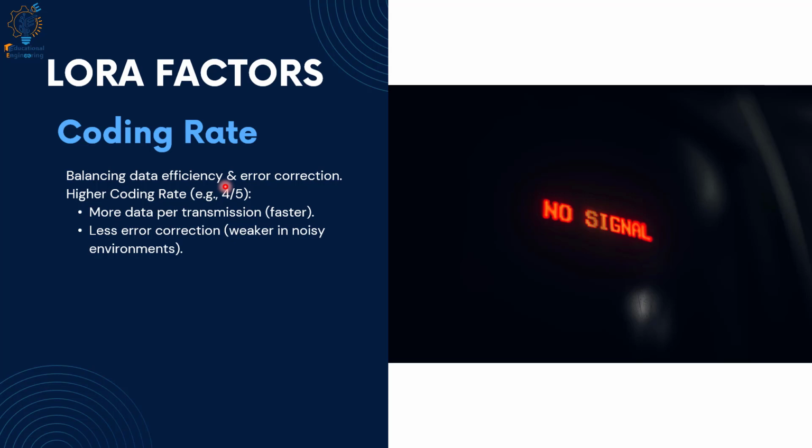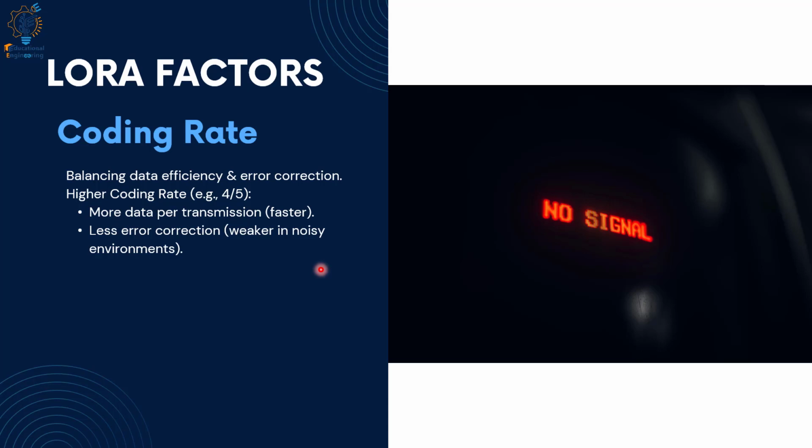For the higher coding rate, the pros: more information per transmission, so it's faster. More data bits are packed into each symbol, allowing for faster data transmission compared to lower coding rates. Less overhead. A smaller proportion of the signal is dedicated to error correction, potentially lowering power consumption in some scenarios.